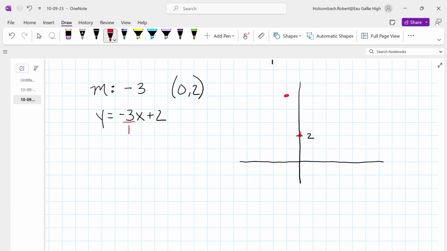Now, the other thing I can do is instead of rising 3 and running 1 to the left, I can also go down 3 and run 1 to the right, just so you can keep your graph pretty much under control and not have it all over your paper. All right, so negative slope, our line's going up and to the left. So that's accurate. And our y-intercept is at 2, and that is accurate.